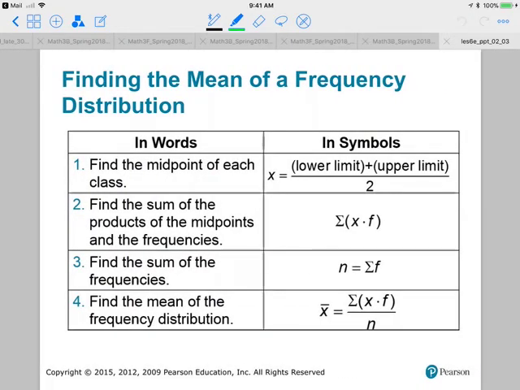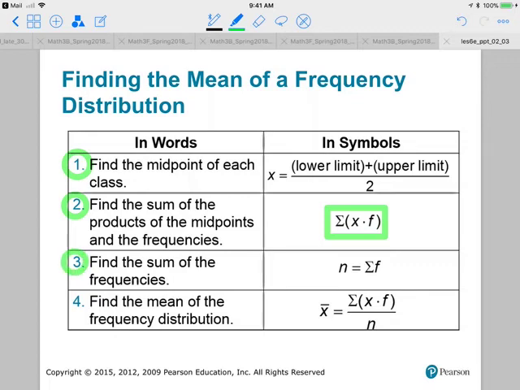Here we've got a guideline for how to find the mean of a frequency distribution. First, find the midpoint of each class. After you find the midpoint, find the sum of the midpoint times the frequency of that class.